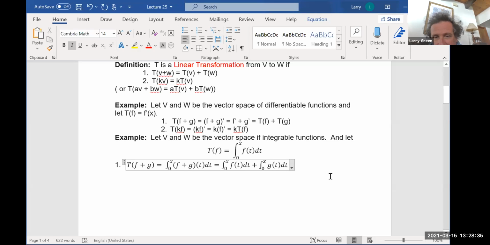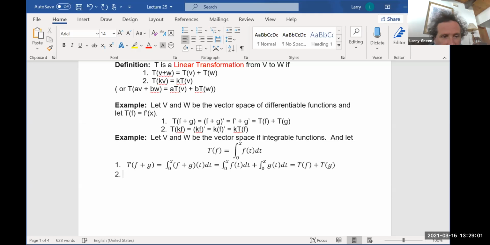But that's great, because the integral of f dt from 0 to x is equal to T of f. And the integral of g of t dt from 0 to x is T of g. Any questions on number 1?